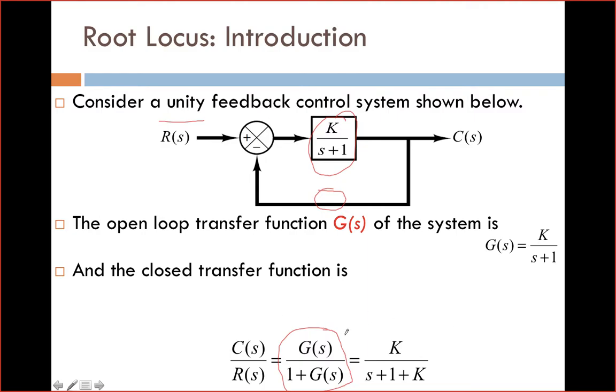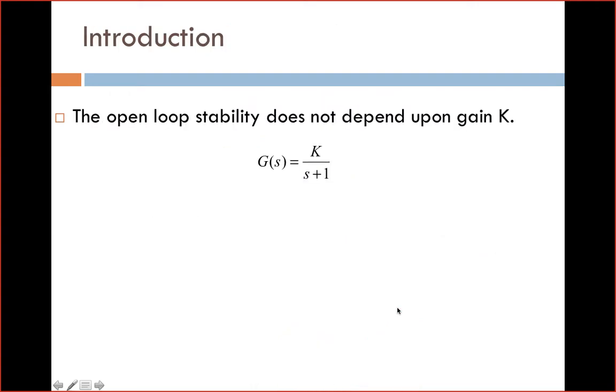When you substitute the value of G(s), that is the open loop transfer function k by s plus 1, you will get k divided by s plus 1 plus k. This is a very simple transfer function, because it has only one pole in the left half of the s plane.